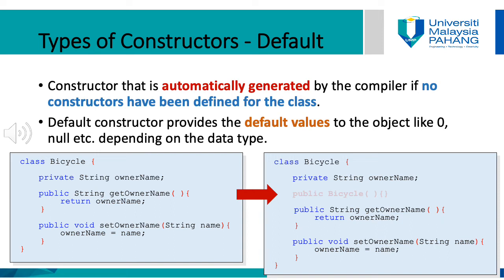Okay, so in this second box here, it shows how the compiler automatically generates for you a default constructor for your code. It's included here, the public bicycle. Under the private string owner name, the compiler automatically generates for you the default constructor, which is public bicycle.